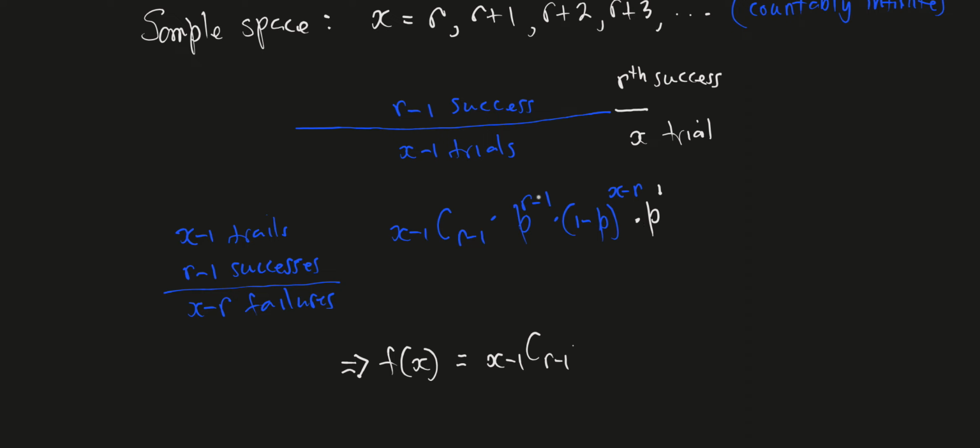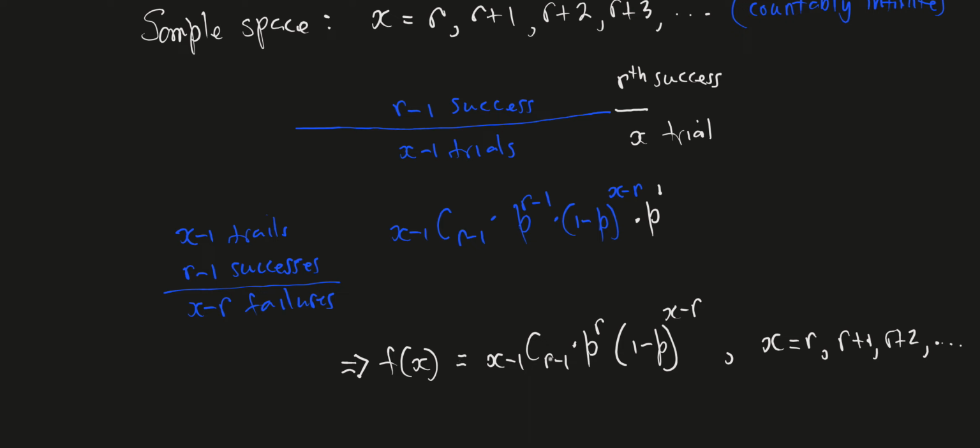Adding those exponents gives me p to the r, and then I have 1 minus p to the x minus r. So that's the PDF of my negative binomial random variable, and here's the sample space. x can be any value from r, r plus 1, r plus 2, and so on.